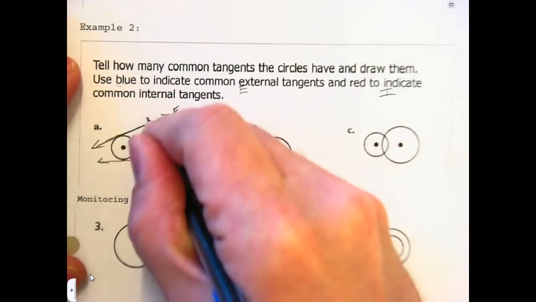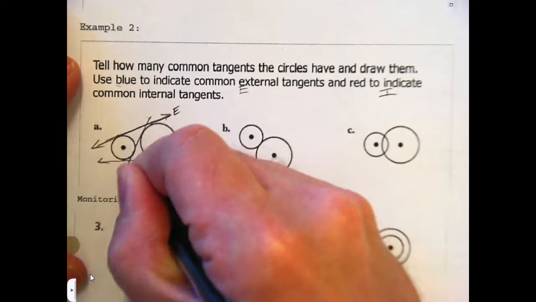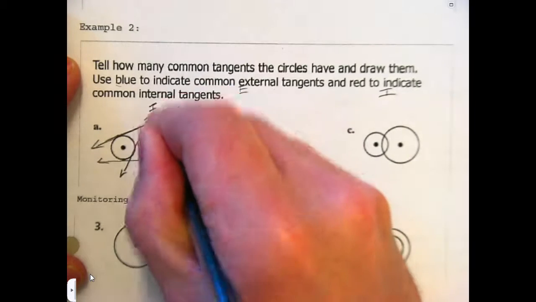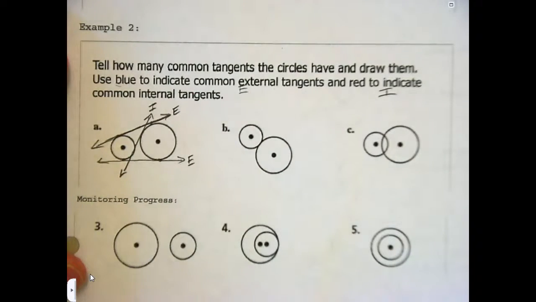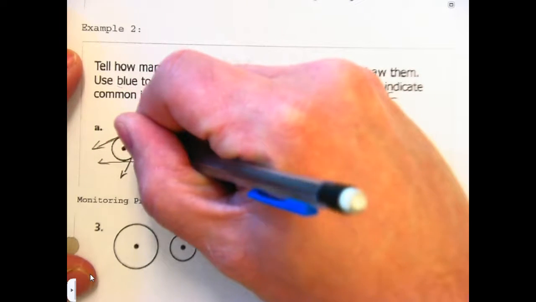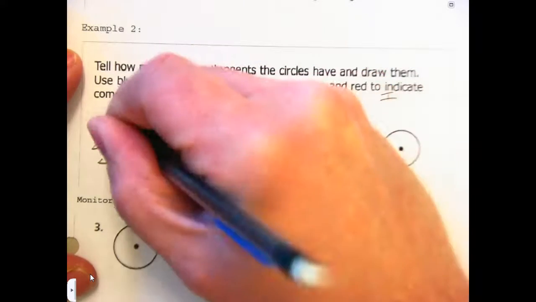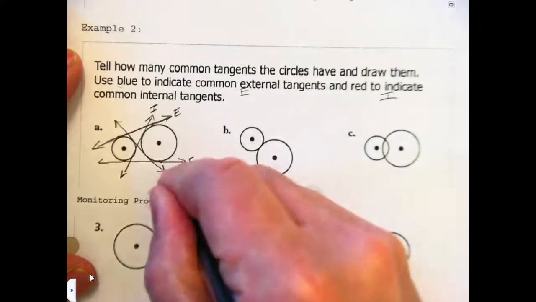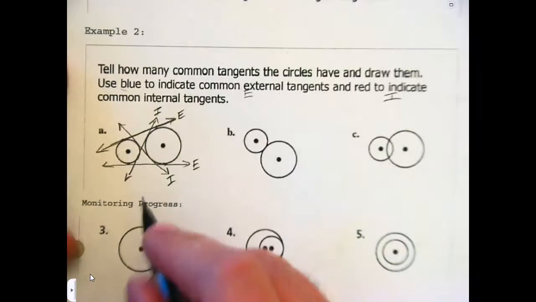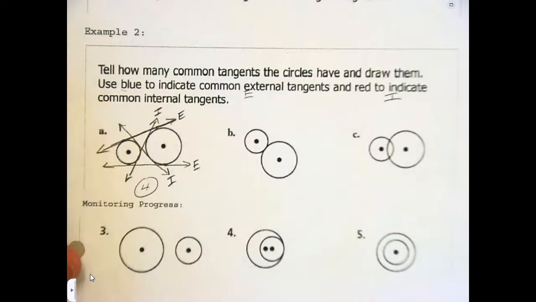Let's see. We can make it hit like that. That would be an internal. Goes in between. Can we do any other internals? Yeah, kind of like that, the reflection type? Yeah, another internal there. So there are 4 common tangents.